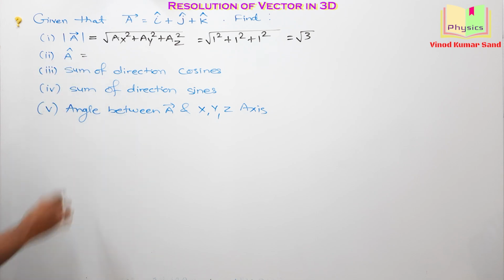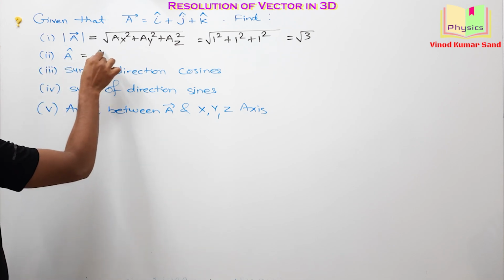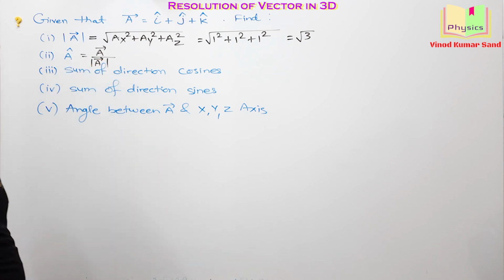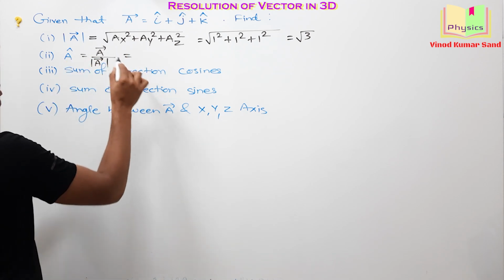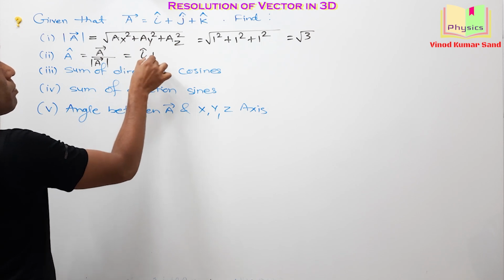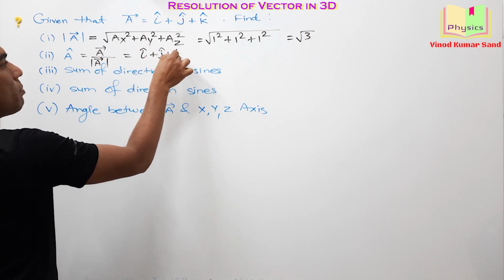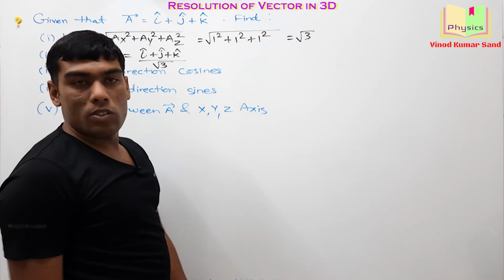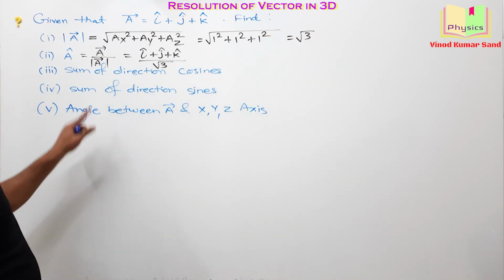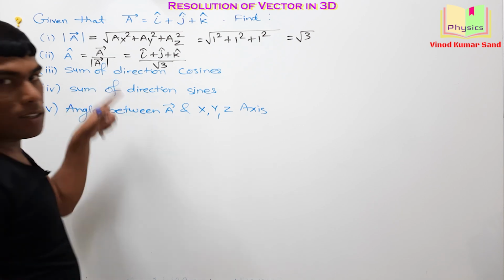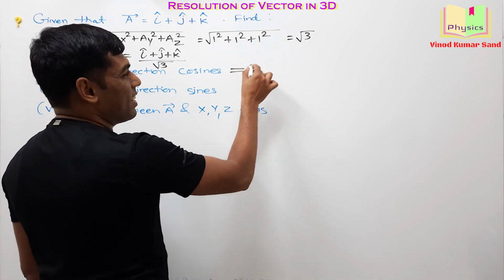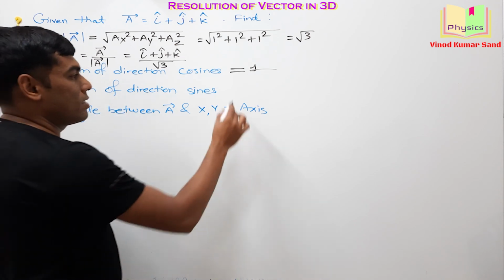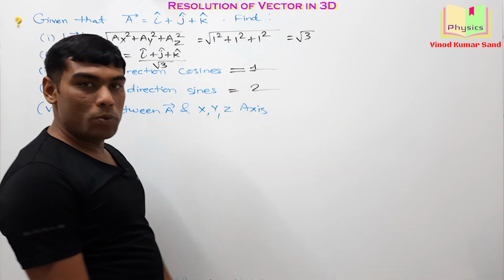You remember the formula of A cap? A cap is A vector divided by the magnitude of A vector. A vector is i cap plus j cap plus k cap, and the magnitude we have determined right now: it is root 3. The sum of direction cosines, we know the result directly. It is always equal to 1, and the sum of the direction sines is always equal to 2.